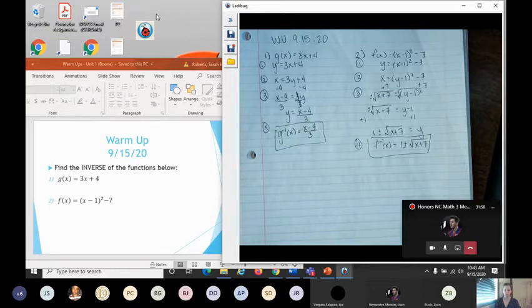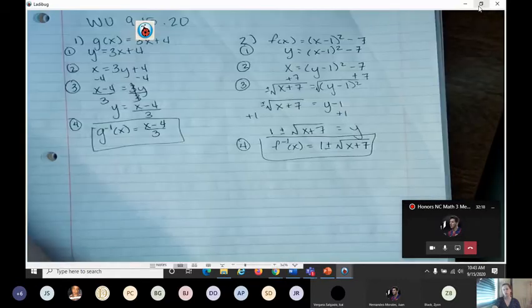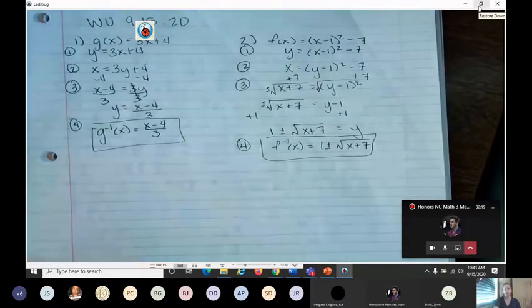Okay, if there are no questions on that warm-up, please make sure you have it copied down because we're going to be turning these in eventually. Have it copied down, and we are going to go ahead and start our notes for today. So we are talking about domain and range. So let me just enlarge this document camera.